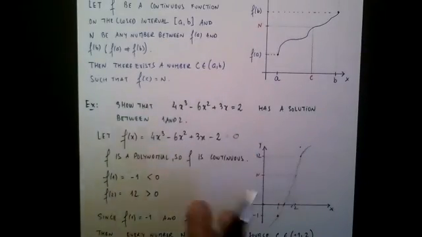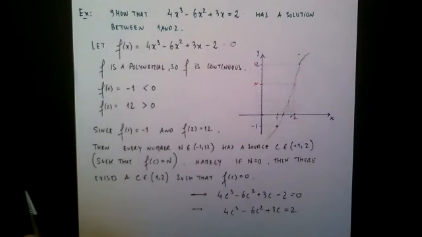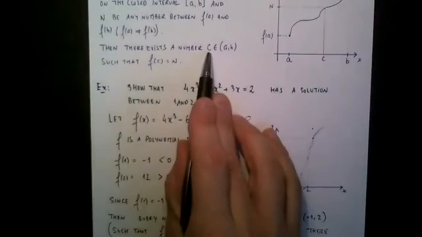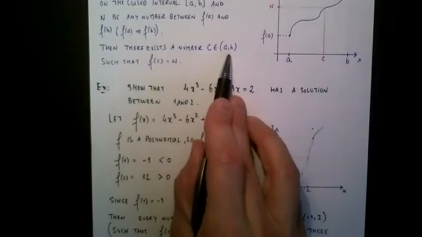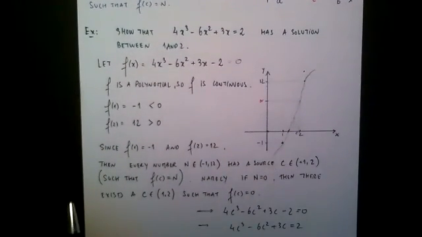Okay, and when you also wrote that c is in the interval of 1 and 2, isn't that a closed interval? Because in the theorem the interval AB is closed. No, the c comes from AB open. Okay, so whenever we talk about the c, it's always open. Yep. Okay, thanks.